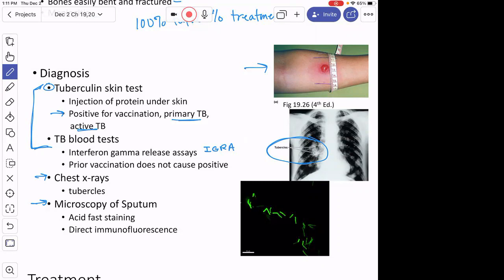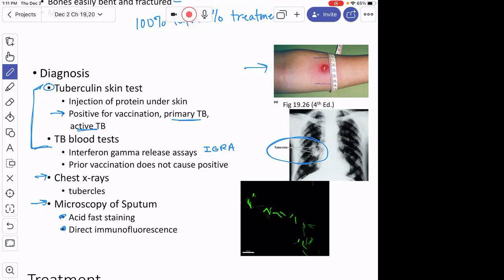And they may do acid-fast staining. So remember, we talked about that last time. An even better method is using fluorescent microscopy. So think back to our kinds of microscopy: light microscopy, phase contrast, dark field. Those are the really common ones.